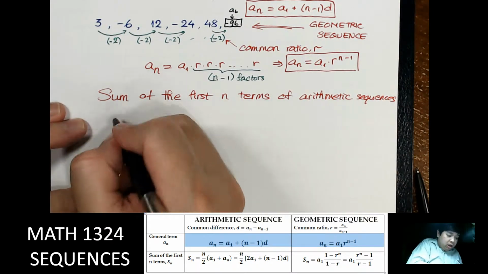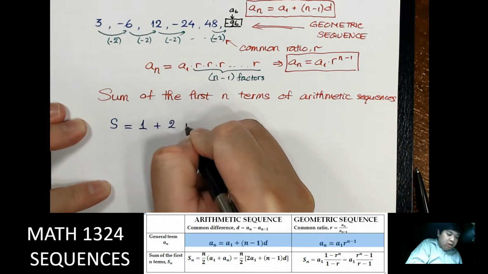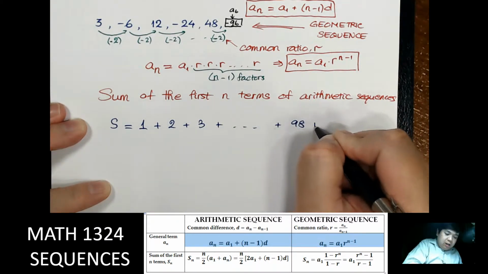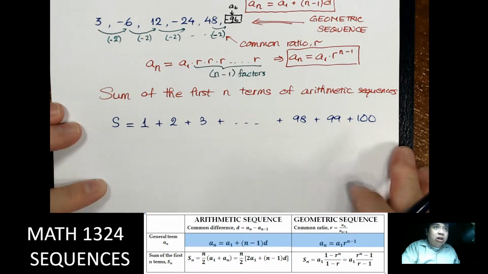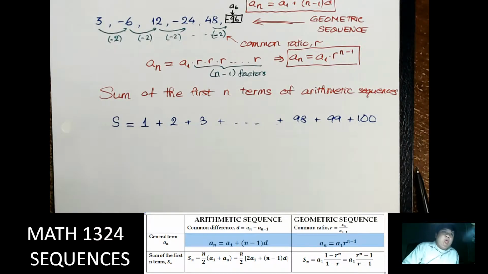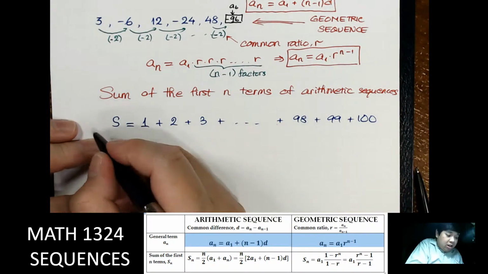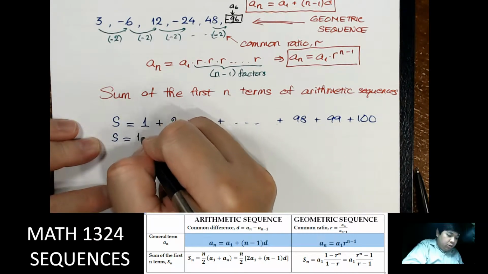If I ask you what is the sum, if I add 1, 2, 3 all the way to 98, 99 and 100, even with the calculator, that will be a little bit of work. What we do instead is we're going to write this in reverse. Instead of 1 to 100, we start from 100.